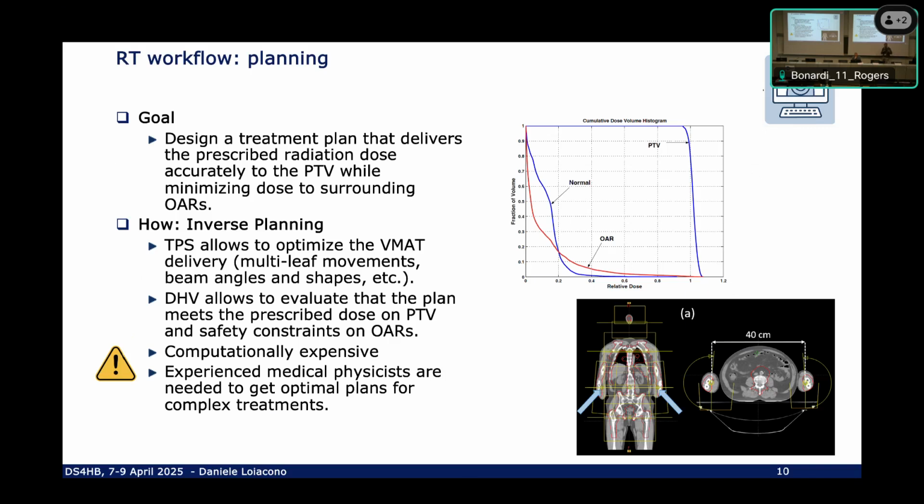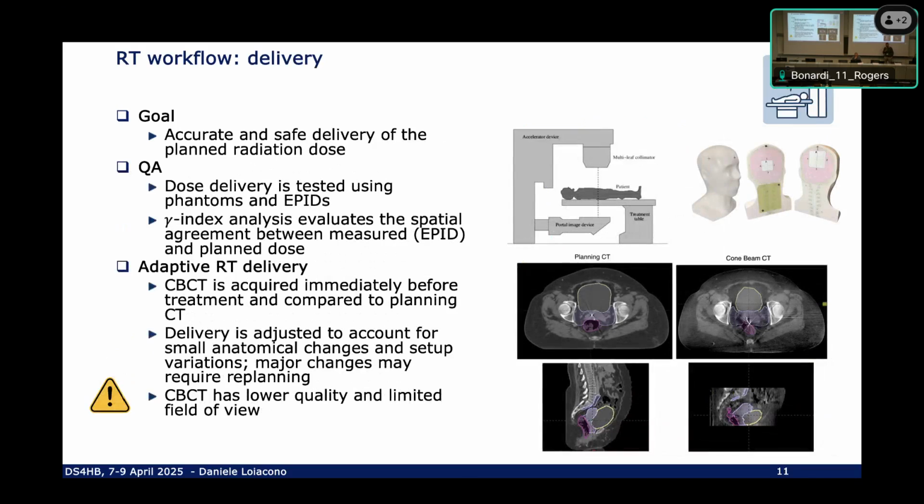And finally, we have the delivery. Even in the delivery step, we are not yet done completely, because before actually delivering the radiotherapy to the patient, we need to do additional steps to be really sure that the treatment is effective as intended. And in general, this is done through two activities.